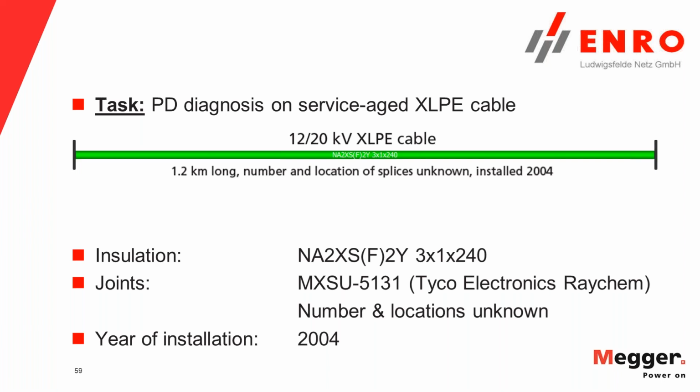And they had quite a story to tell here. They had this cable, and I don't want to go too much into the details. This is one of the examples we really dissect in the seminars and in the long training sessions. You have a 20 kV XLPE cable, so 12 kV is U0, the operating voltage, center conductor to concentric, installed 2004, XLPE.